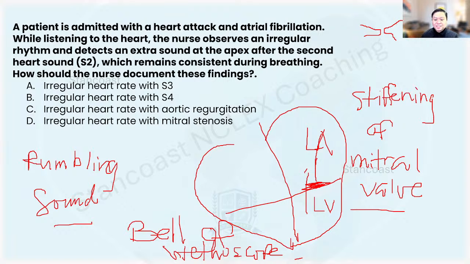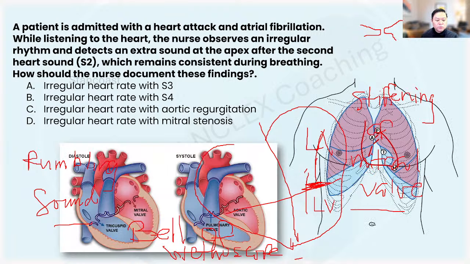You will be asked and you will be battered with all these tough questions. So I highly recommend that you go back into those assessment skills and techniques. Now let's move forward, guys, with the next issue.